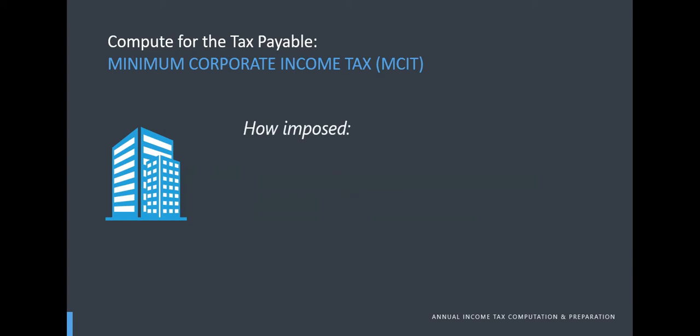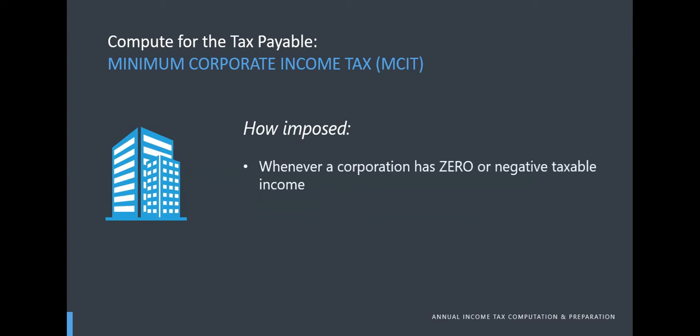So how is the minimum corporate income tax imposed? Number one, whenever a corporation has zero or negative taxable income, assuming that the taxable income resulted in a loss, still a loss after deducting all the necessary items to be deducted, then the taxpayer is taxable on its gross income at 2%.